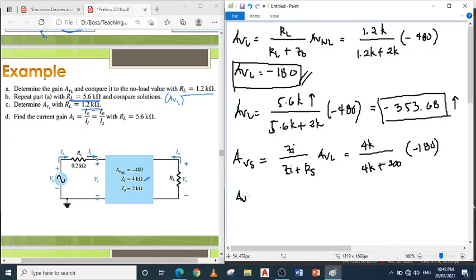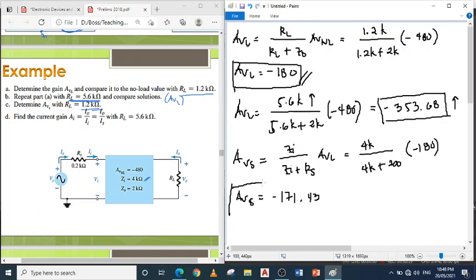So ang AVS natin is equal to 4K over 4K plus 200 times negative 180. Okay, so we have negative 171.43.